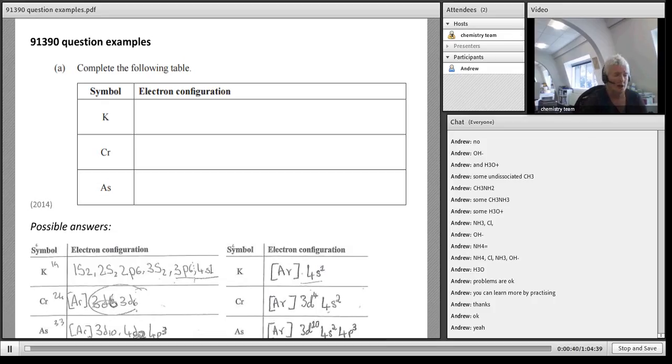Now, if you have a look at these bottom ones, I'm just going to change my color to a different color. Notice how some of the students have put down, from the periodic table, they've found the number of electrons.